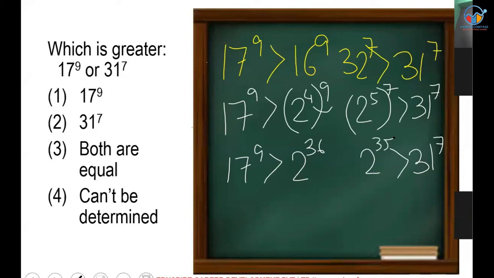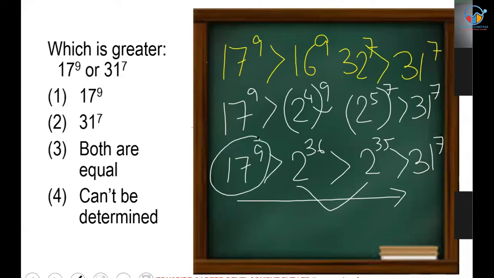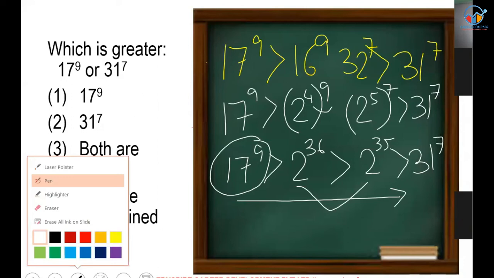And out of these two, you know which one is greater, right? So you can clearly make out that your answer is there because you have a complete order sequence among these numbers. Among these numbers, 17 to the power 9 is the largest. Hence, your answer to this question will be 17 to the power 9.